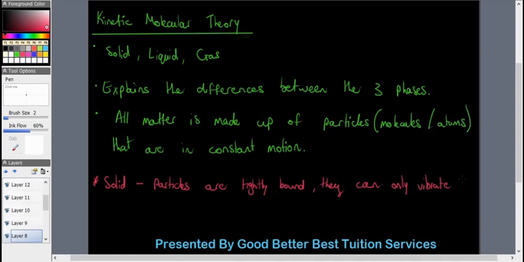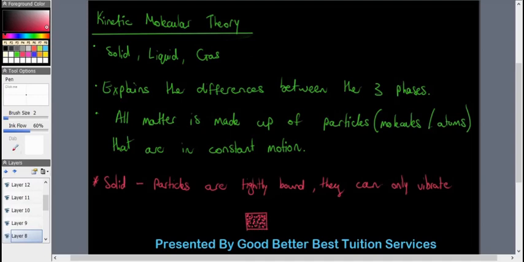If we take a solid, for example, I'm going to draw a small one. This is just the face of a solid block or brick. The particles would be so tight that there'll be almost no space between them, or very little space. So we must fill up all these spaces here. They're very, very tightly compacted together.